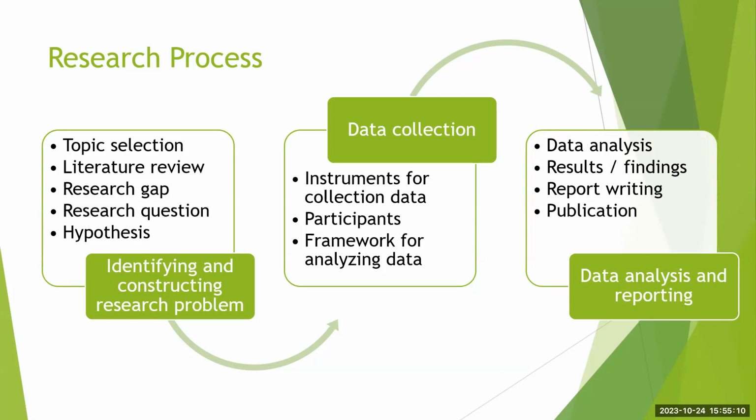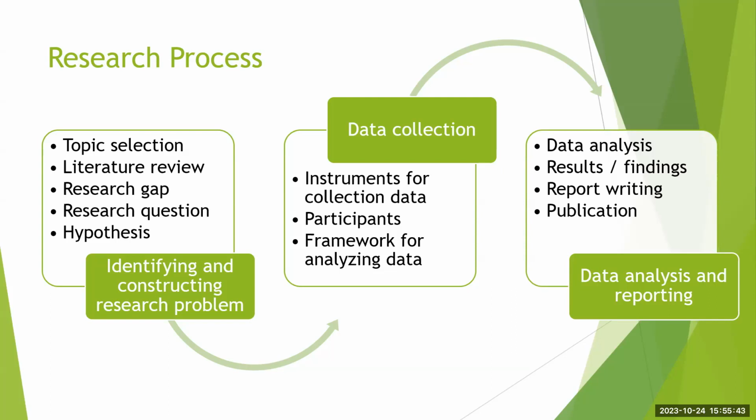So after you get the result of your research, you have to write a report. The report can be a book report, a very verbatim report, in terms of a thesis or dissertation, for example.